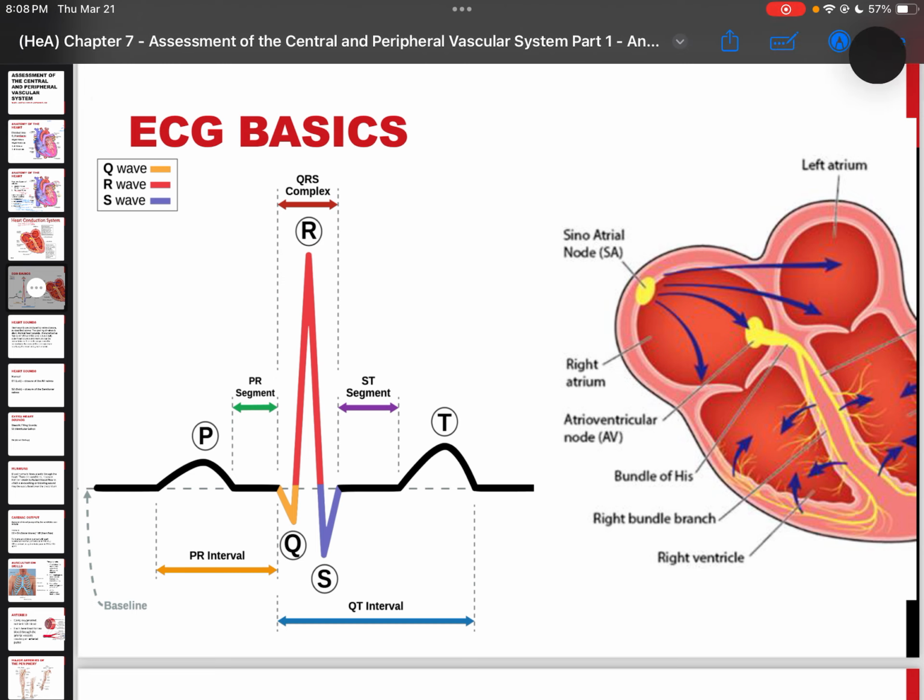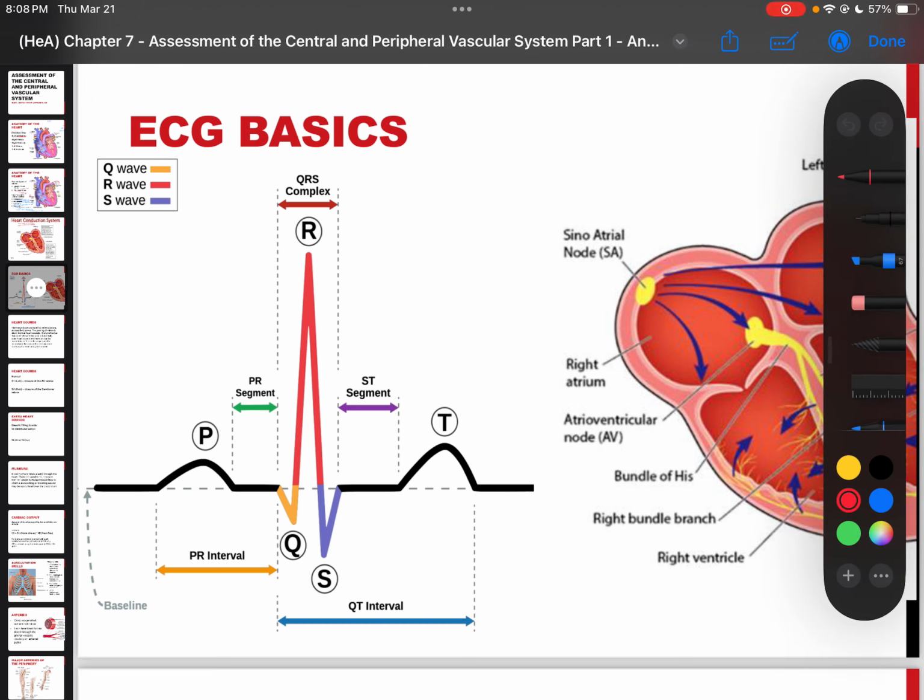Next is our ECG basics. Now class, for ECG basics, let us not discuss it in depth. ECG will be discussed once again when you reach your level 3, third year. The problem with ECG is that it is very complicated.